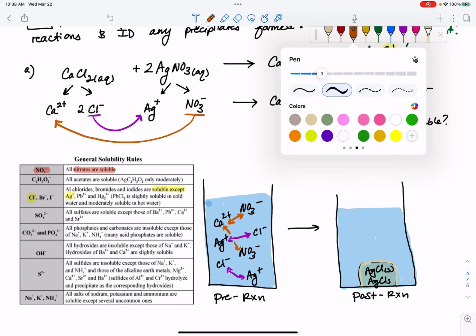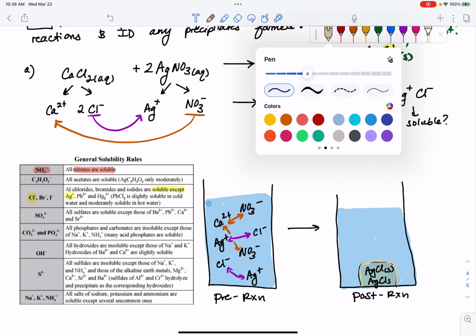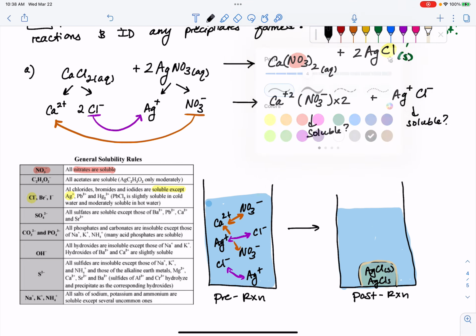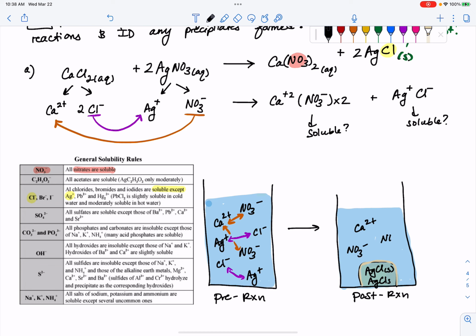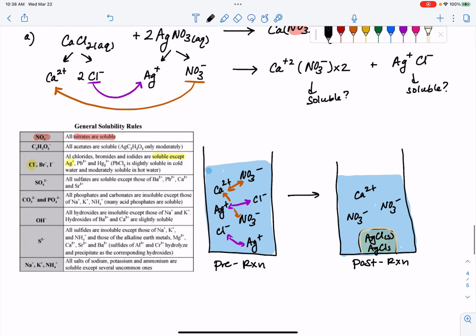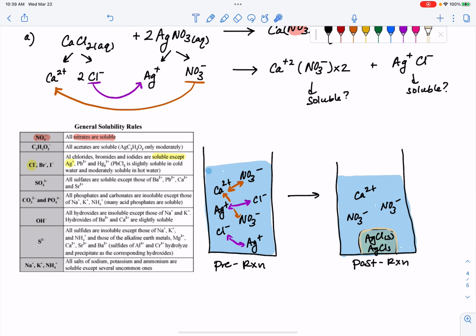However, that association does not form a solid, right? It creates just another soluble ionic compound. So I've still got Ca2+ and nitrate left over. So again, always putting yourself in the perspective of the beaker is going to help you think about what's happening here.